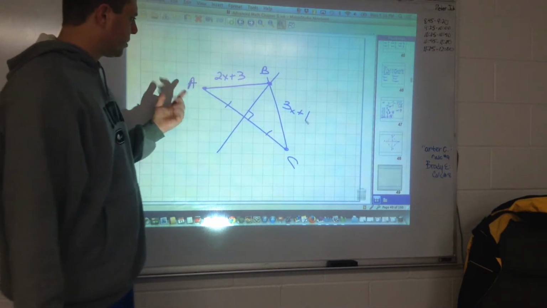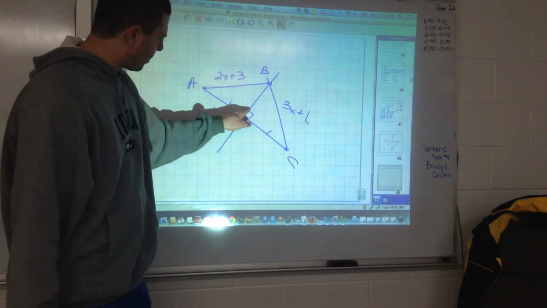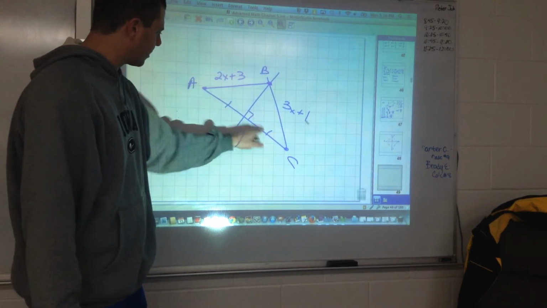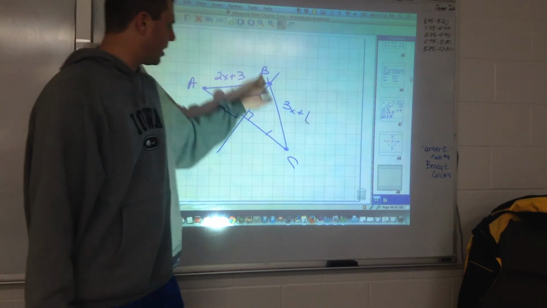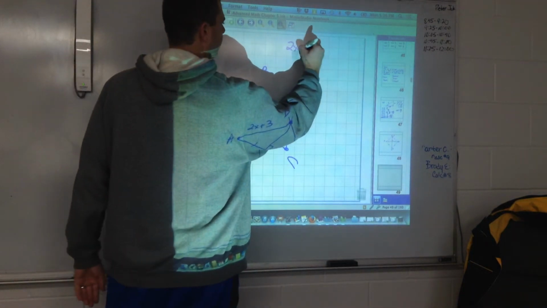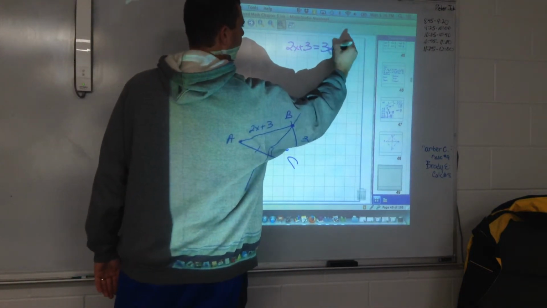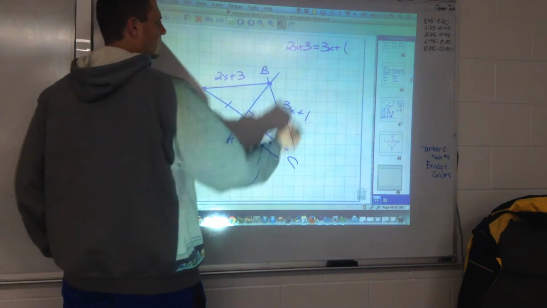Well, to solve for x, because point B is on the perpendicular bisector of AC, you know that B is the same distance from A as it is from C, so I can set 2x plus 3 equal to 3x plus 1, and then solve your equation for x.